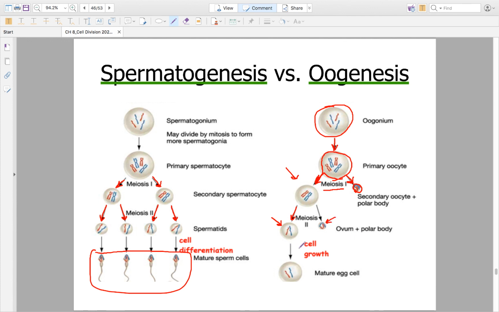And in the end of meiosis 2, and in the end of oogenesis, which is the maturation of an egg, we end up with one egg, and this is per one ovary per single month.